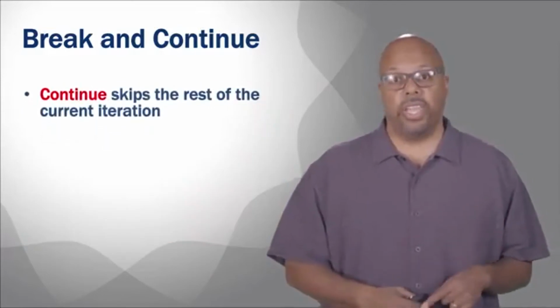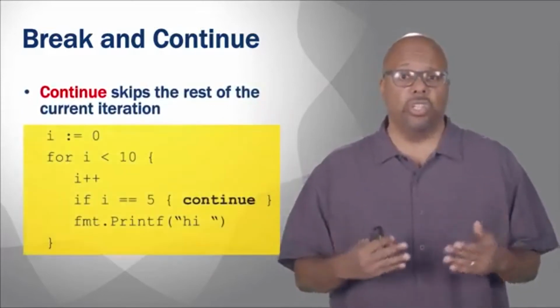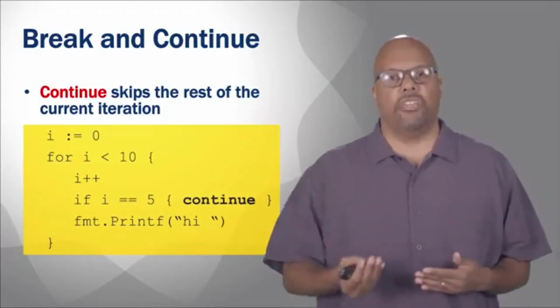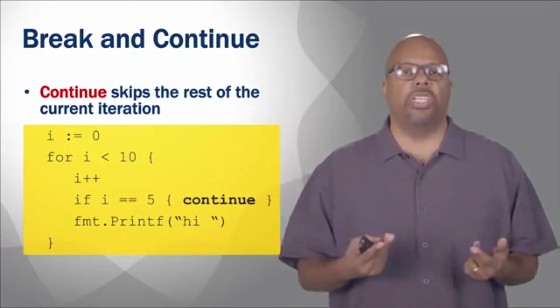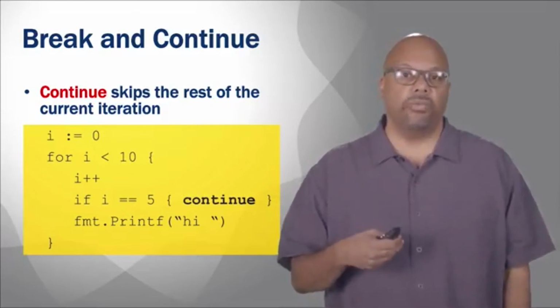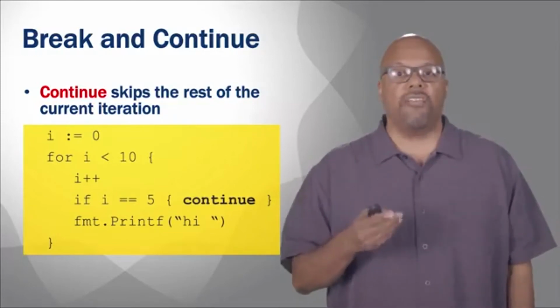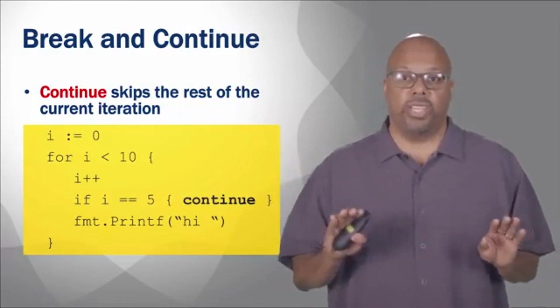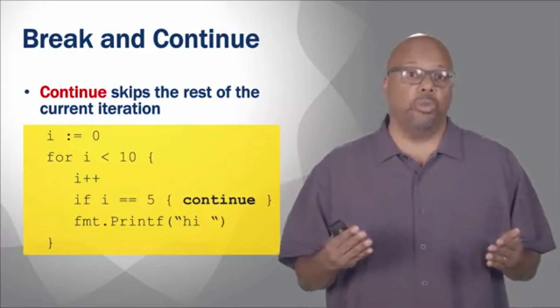Now continue, on the other hand, is also used in loops. It doesn't quit you out of the loop. It just skips the current iteration of the loop. If we look at the continue example, same code, except instead of a break, it calls a continue. If i equals 5, then it calls continue. Without that if statement and that continue, it would execute this loop 10 times, right?